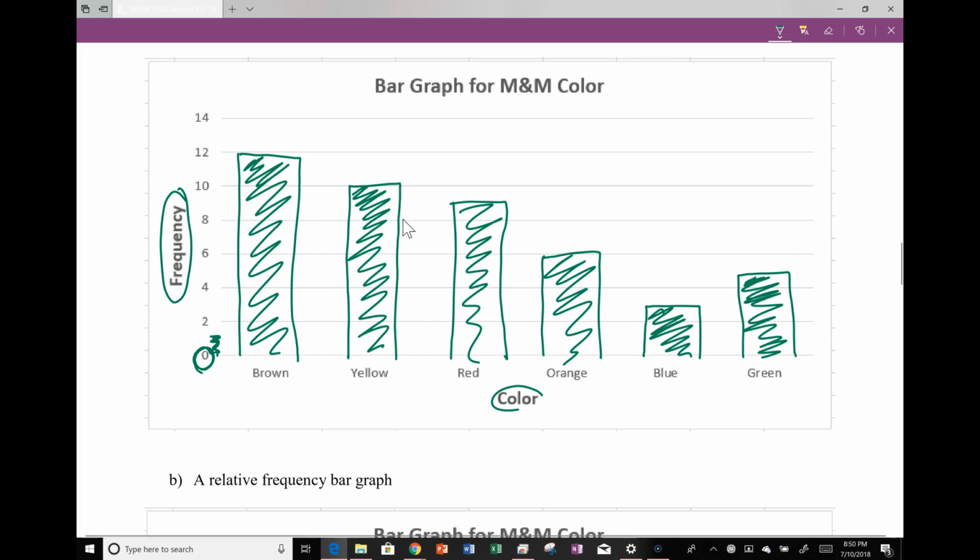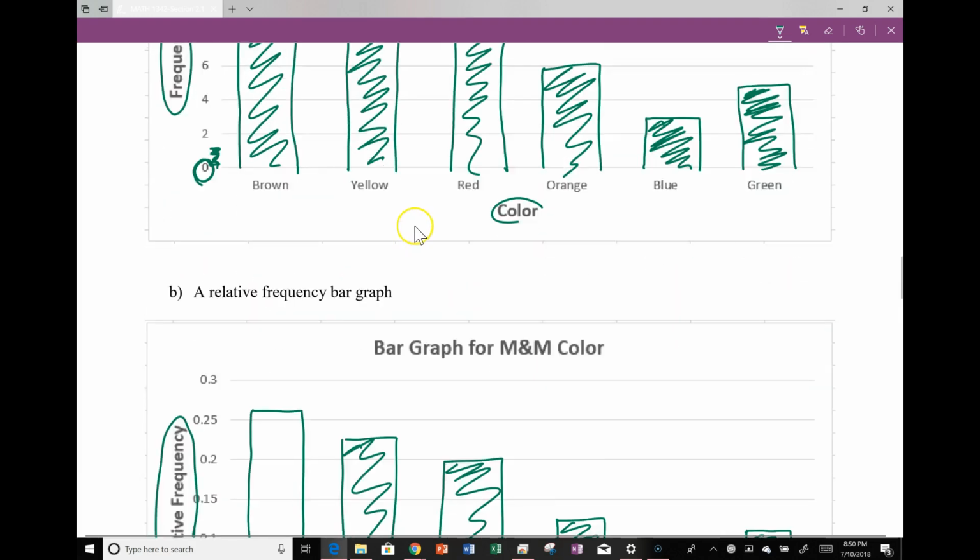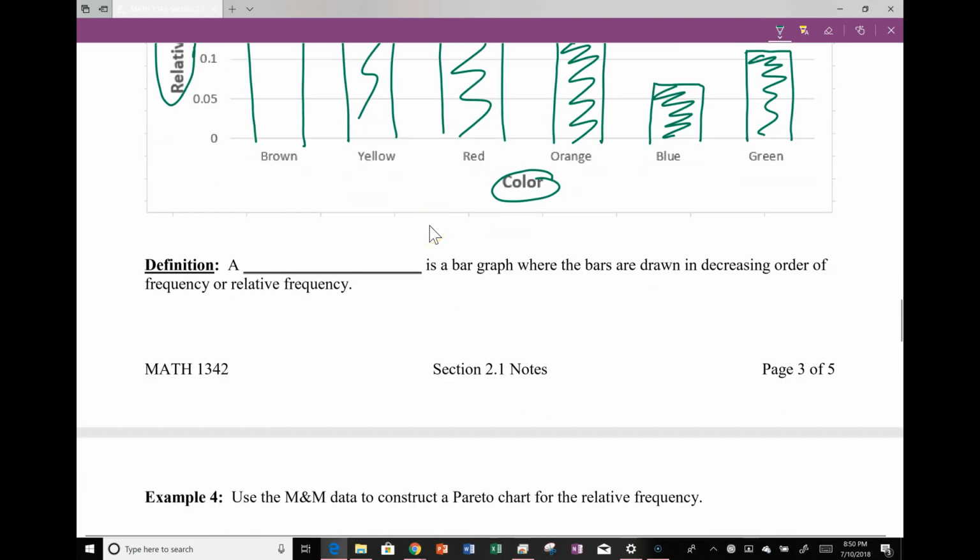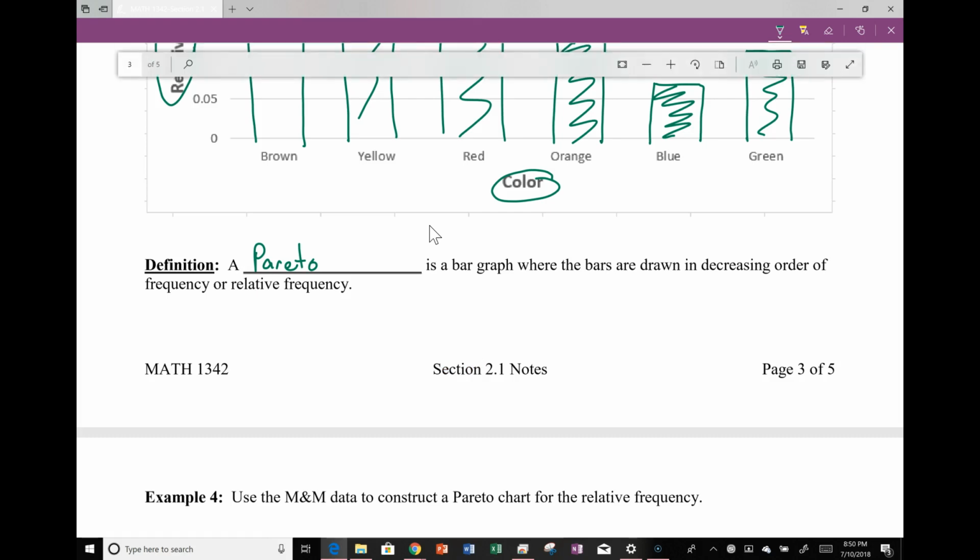Now there's a special type of bar graph, and this special type of bar graph is what we call a Pareto. P-A-R-E-T-O, Pareto. This is still for categorical qualitative data. What this graph does is it draws the bars in descending order.